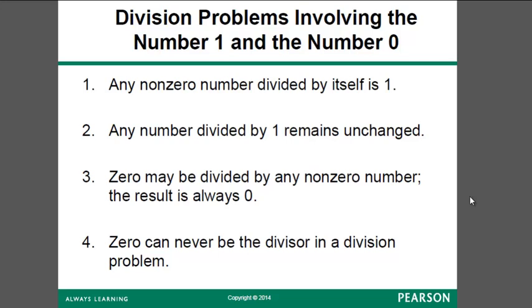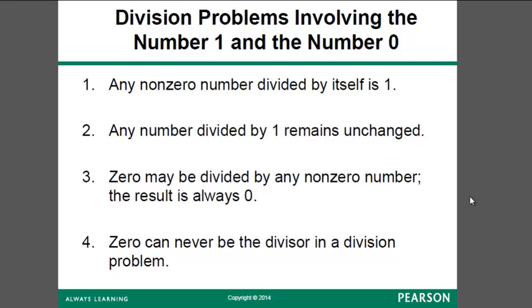Number 4 always gives us a problem. 0 can never be the divisor in a division problem. What this means is I can't take a number and divide it by 0. I have 7 pieces of pizza, but I don't want to divide it.